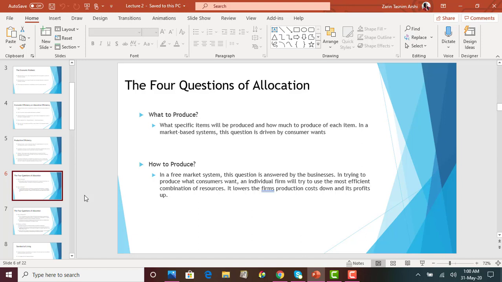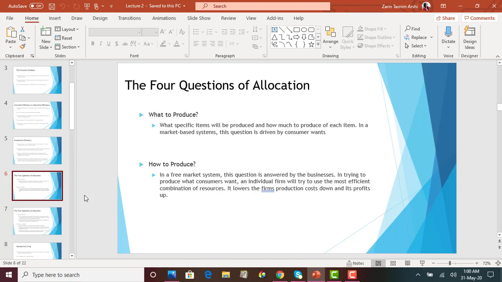What type of labor do they need? Do they need tailors? They need stitchers. What type of materials do they need? They need leather, they need buttons, they need chains. What type of machines or capital do they need? They probably need a sewing machine, they probably need a cleaning machine. So producers will bring all these resources together in an efficient combination to produce the good. That is what is answered under how to produce.